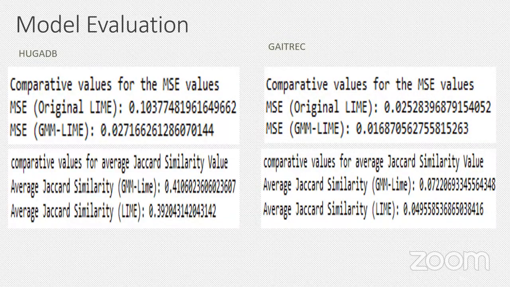So we still need to see how else we can improve the Jaccard so that we can increase it to a bigger value. But so far, we are still getting better results compared to the original LIME. We did the comparison for the two data sets, the UGADB and the Gateway, and we could see that continuously the GMM was performing a bit better compared to original LIME.